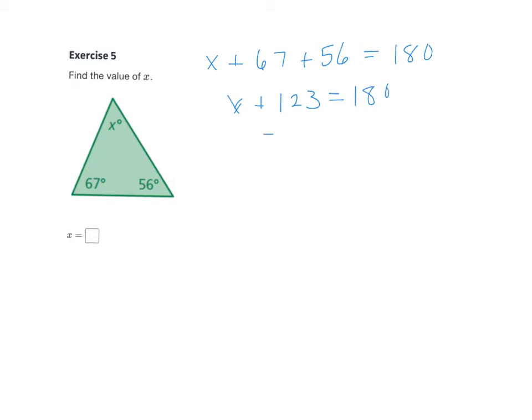And then we're going to minus 123 from both sides. That gives us x is equal to 57.